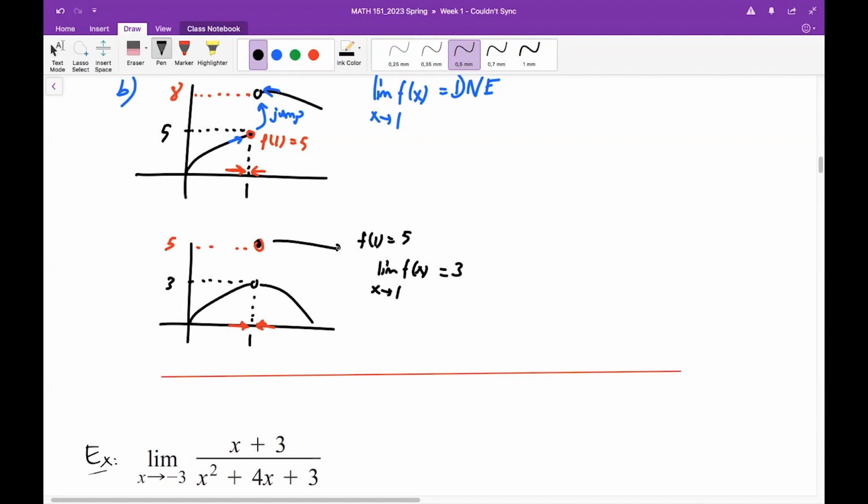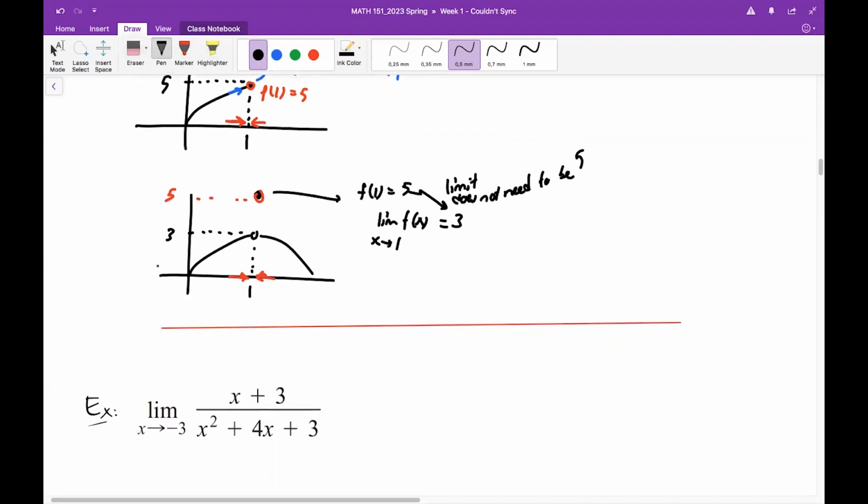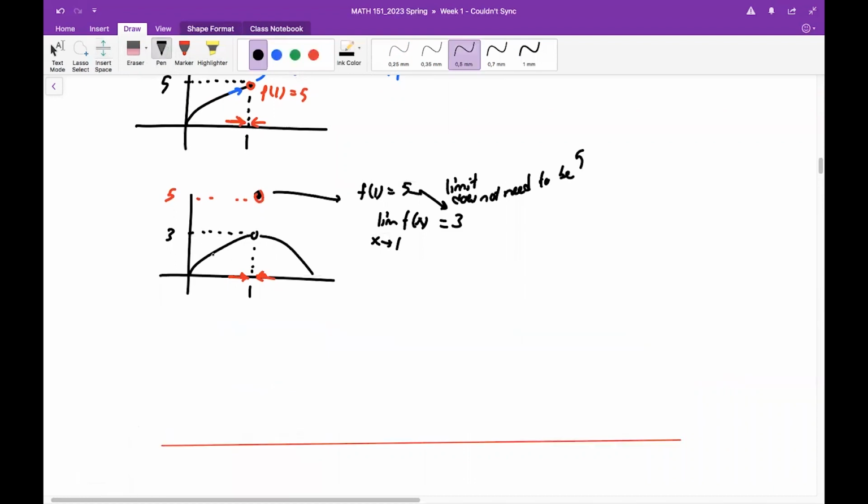You see, I can still have f(1) be 5, but the limit doesn't need to be 5. It can be any number like 3. Or I can force it to be any real number by playing with the graph, right?